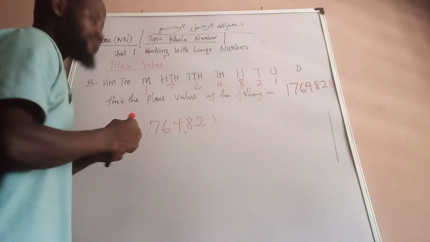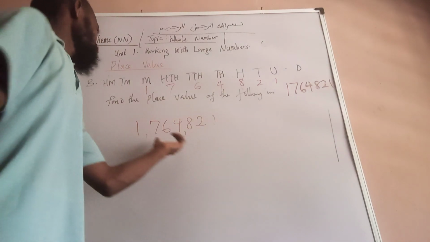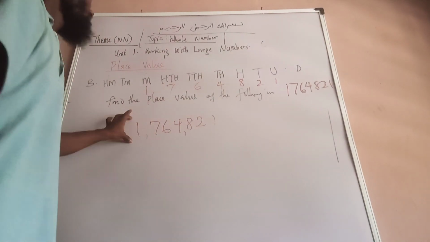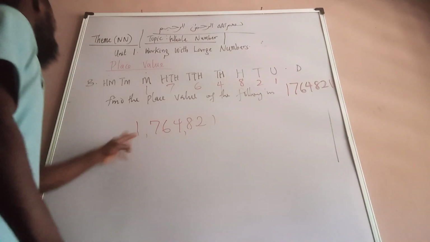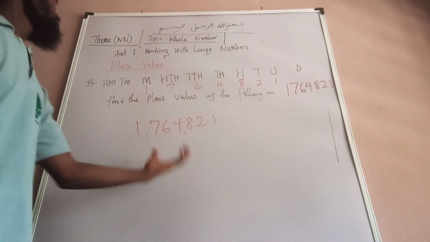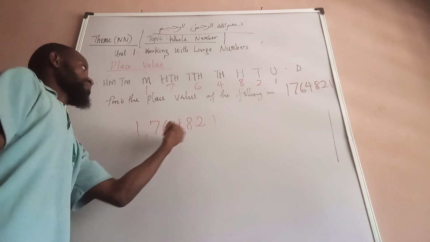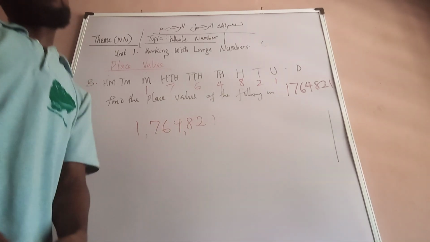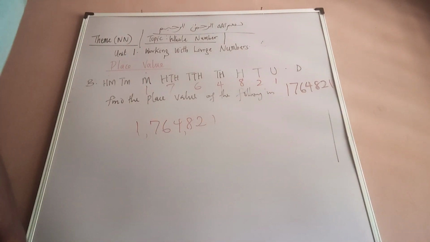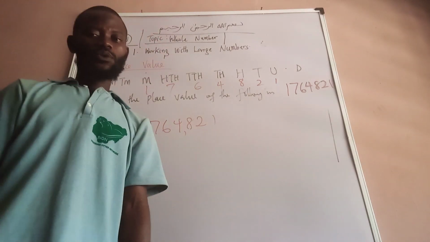You know that each family there are 3. So the family of this, there are 3. The second family and the third family. So at the third family, we only have 1. So the middle family, they are completed. This one too, they are completed. So then we have 1,764,821. So I hope you are okay with that.